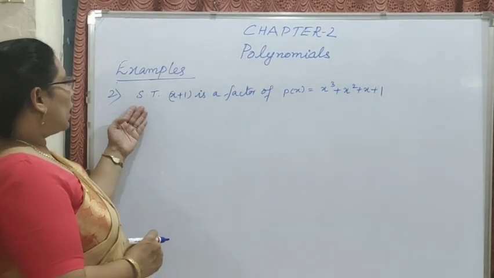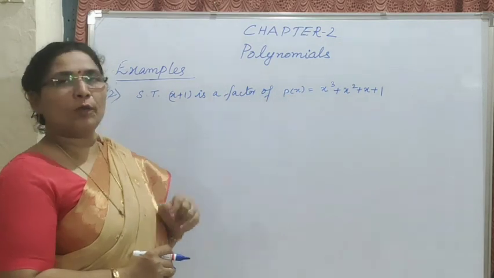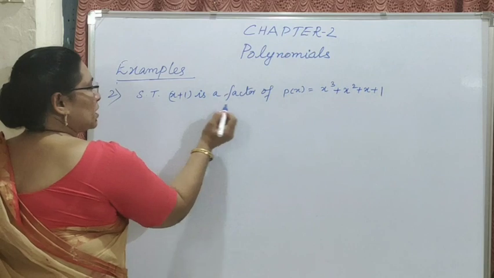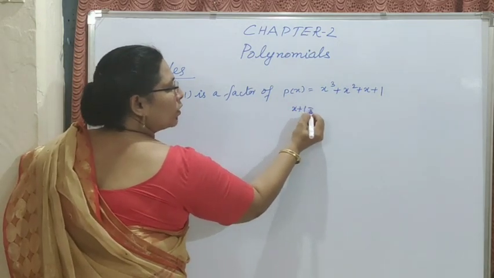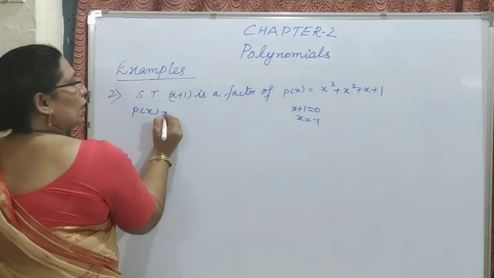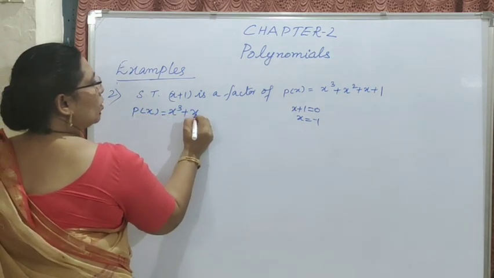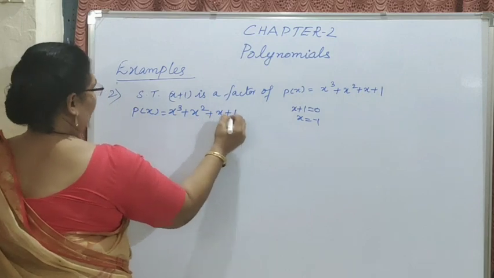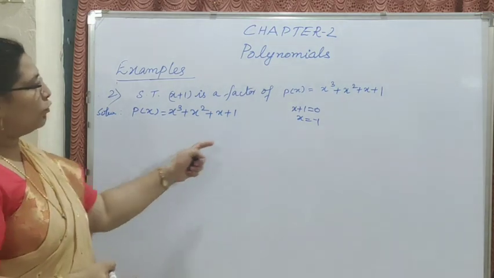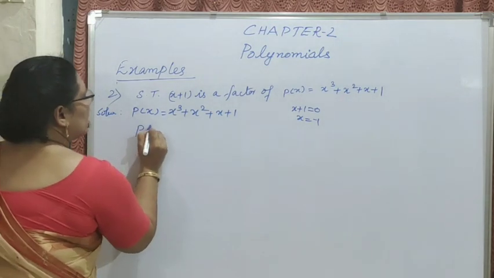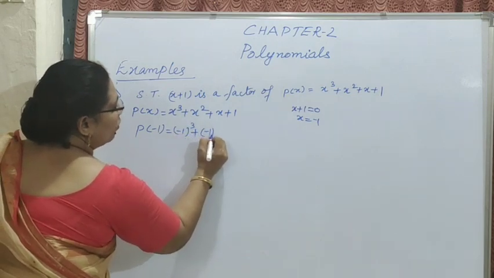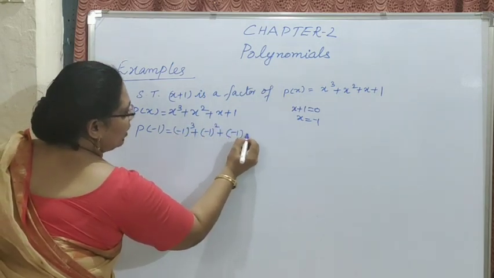Second one: show that x plus 1 is a factor of p of x equal to x cube plus x square plus x plus 1. So x plus 1 equal to 0, so x equal to minus 1. First we will write p of x equal to x cube plus x square plus x plus 1. Solution. Now what is the value for x we have to choose? p of minus 1: minus 1 cube plus minus 1 whole square plus minus 1 plus 1.